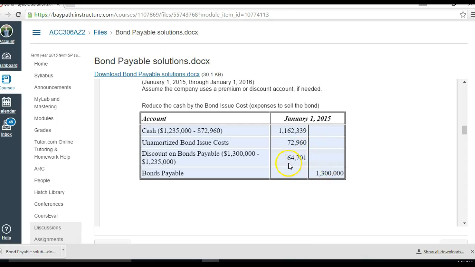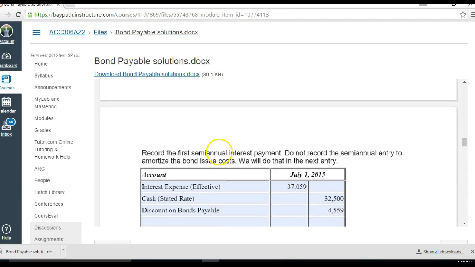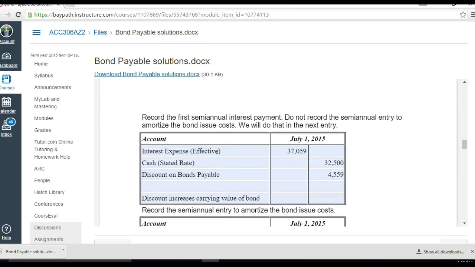So the difference is our discount on bonds payable of $64,701. So the discount represents the effective interest that will get amortized. Let's record the first semi-annual interest payment. Do not record the semi-annual entry to amortize the bond issue costs.